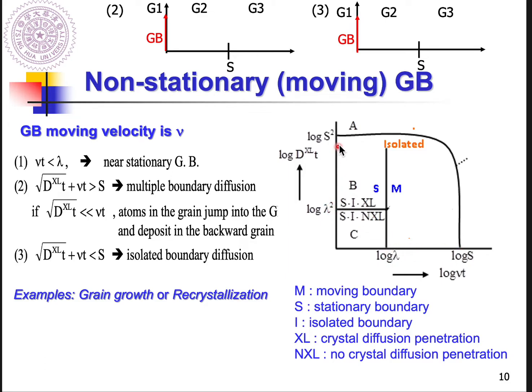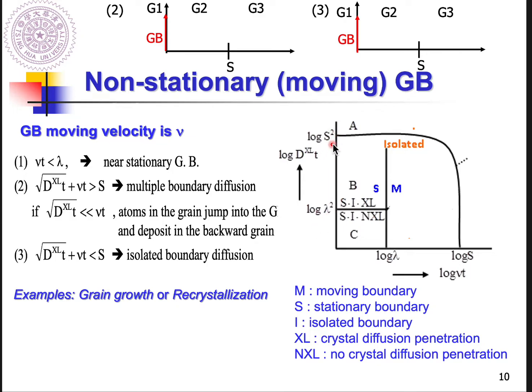We also mark some points for the moving boundary. On the Vt axis, log lambda means lambda is on the angstrom order, and log S is the diameter of a grain, and on the vertical axis the marks are S squared and lambda squared.